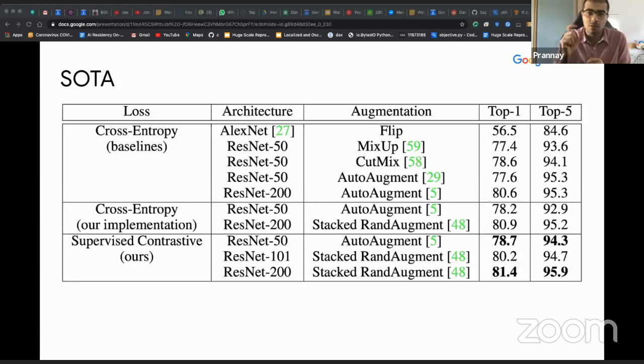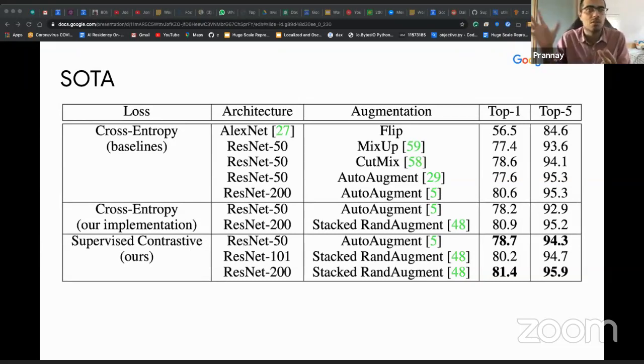You have a controllable parameter, and then you randomly sample the pair of augmentations that you want to apply. The idea is that if you tune this parameter, which is the magnitude of the augmentation, correctly, you can even beat AutoAugment. So even if you learn a policy, you can just randomize it and get the same thing.